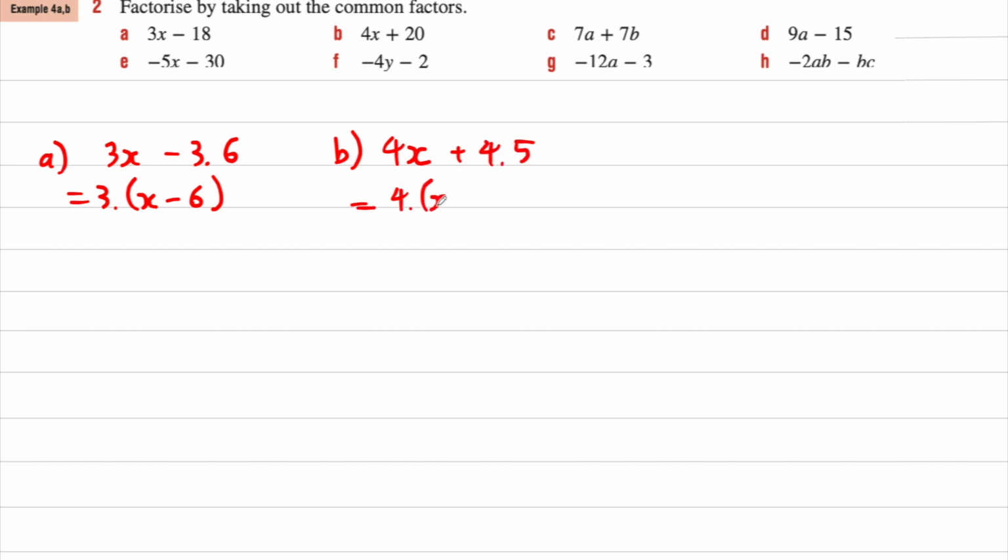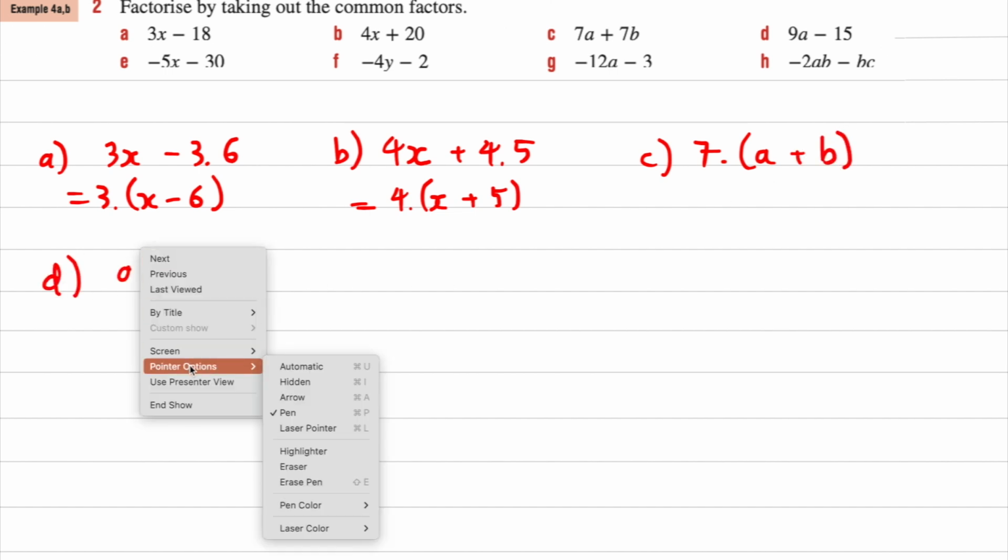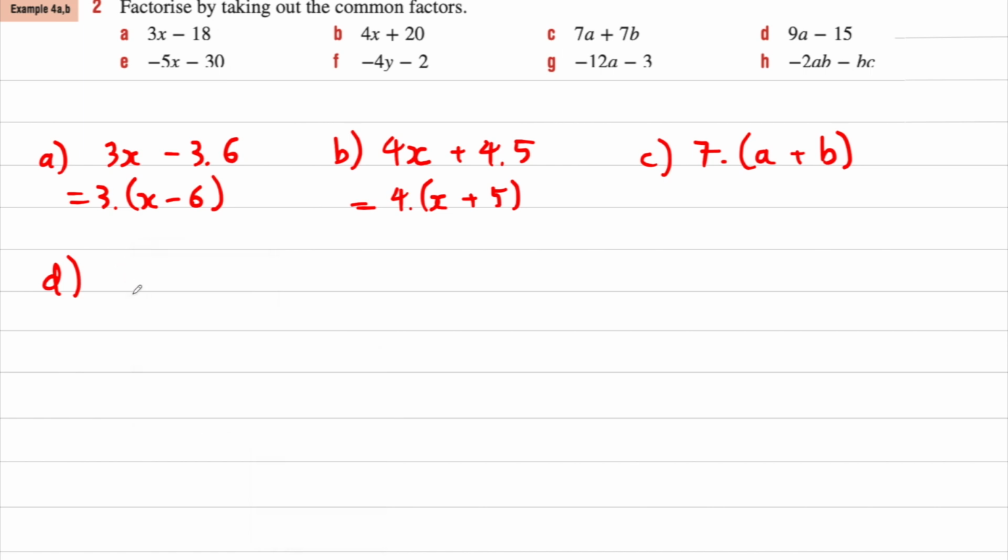So 4 outside, you get h plus 5. Question C, 7 outside, and you get a plus b inside the bracket. Question D, 9 and 15: 3 times 3a minus 3 times 5. Take 3 outside, you get 3a minus 5.